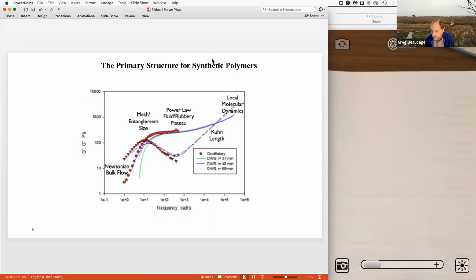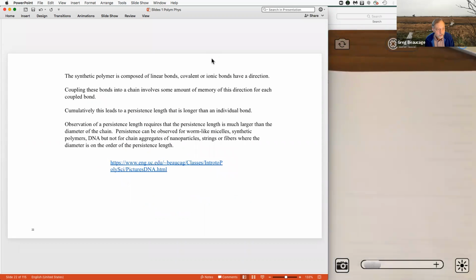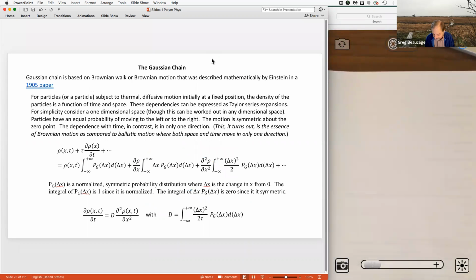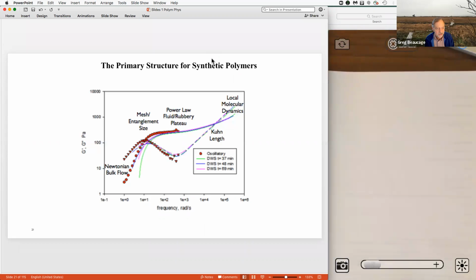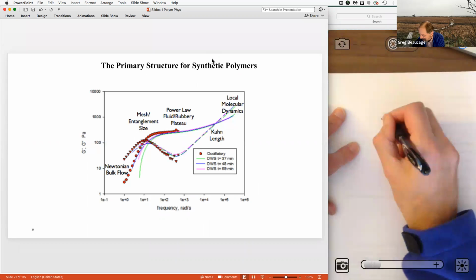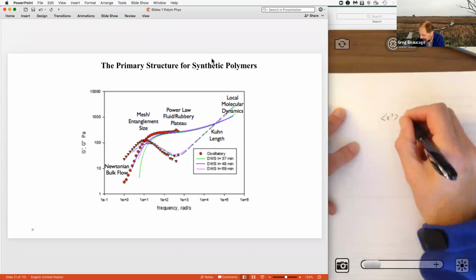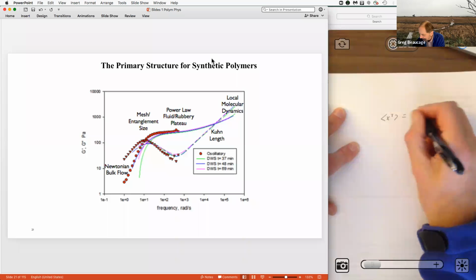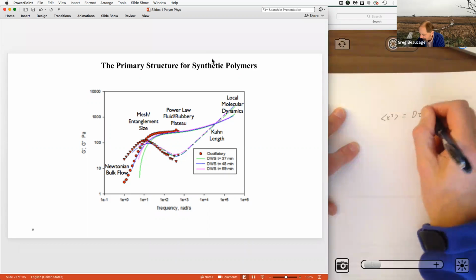Right. So anyway, I wanted to go through this. There's an idea that the chain is a Brownian motion or Brownian chain. In other words, for Brownian motion, the average distance that you travel goes with the diffusion coefficient times the time to the power 1.